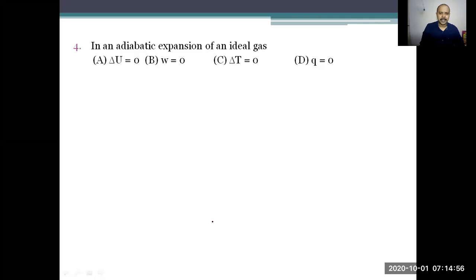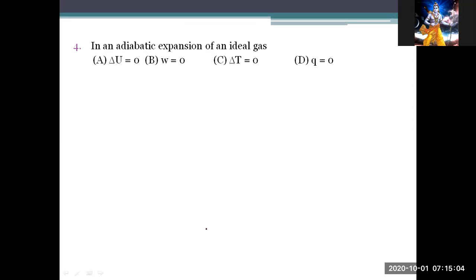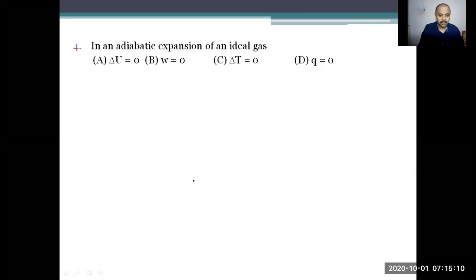In an adiabatic expansion of an ideal gas, what is correct? Work done is 0 during adiabatic expansion. Why is work done 0?